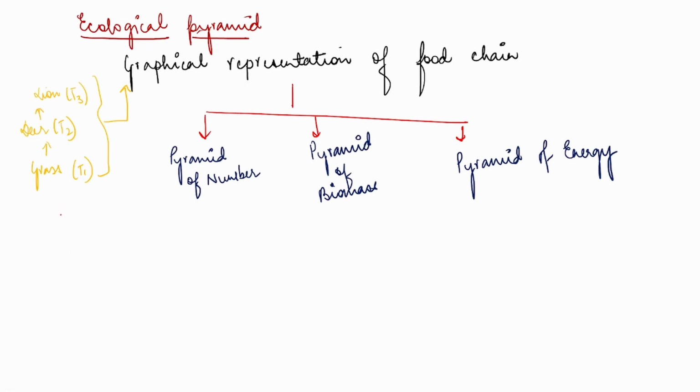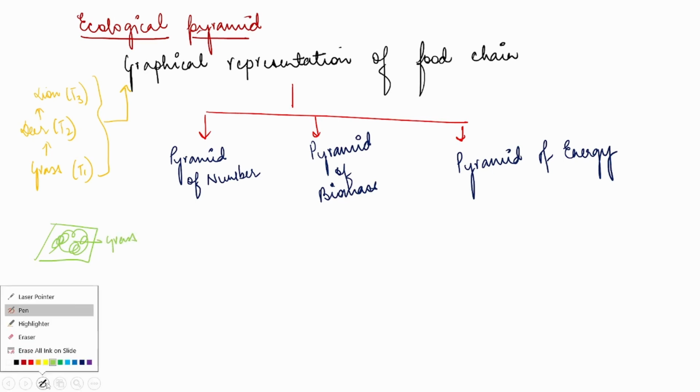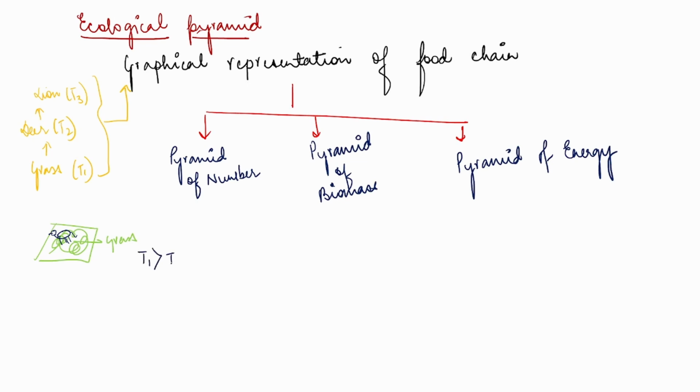Say for example, the amount of grass is always high. If this is a field, these are all grass, and here you will see a deer. So the number of grasses is always high, we are getting energy from plants, so the number of grasses is high, then the number of herbivores, then the number of carnivores, right?